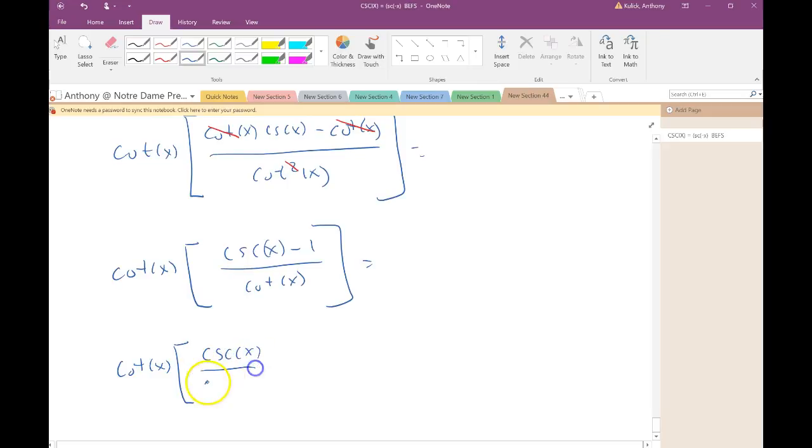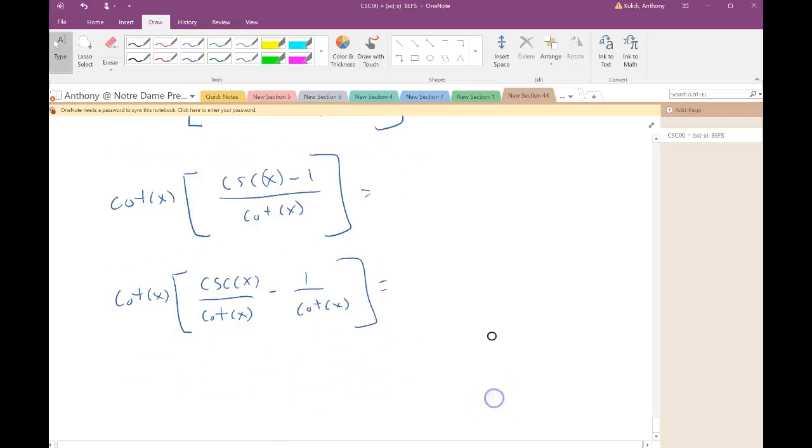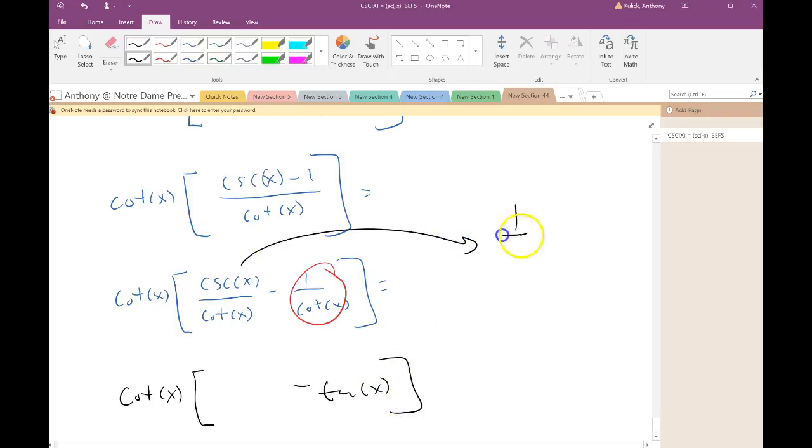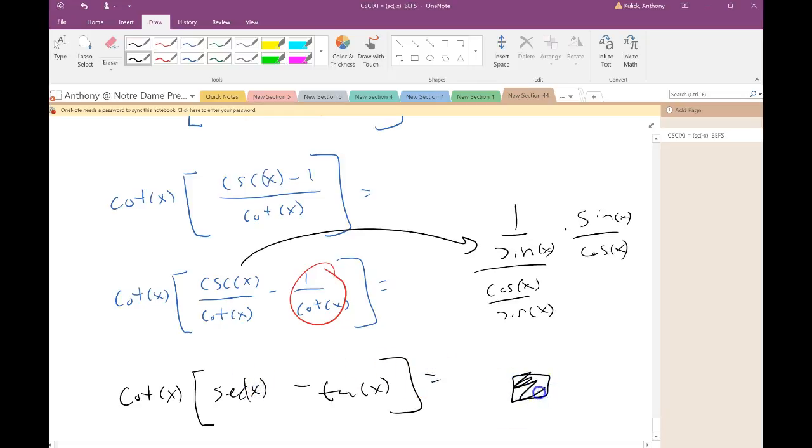And it's okay to do that because the denominator is just one thing, right? I notice this thing is my tangent. And this thing is 1 over sine over cosine over sine. So when I flip them and multiply, I'm left with 1 over cosine, which is just secant. And that's what I was looking for.